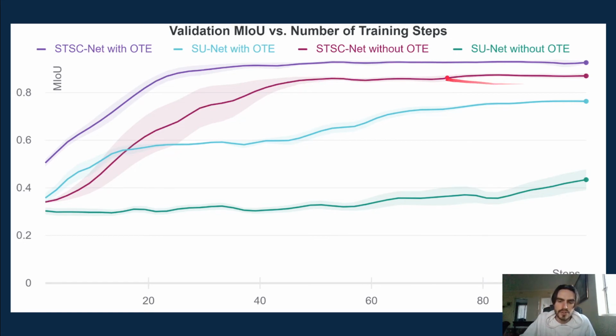So it takes a while to converge, and when it does converge, it converges at a lower accuracy. So this result shows that translated skip connections and OTE don't just improve performance; they're also quite complementary, as you would expect them to be.